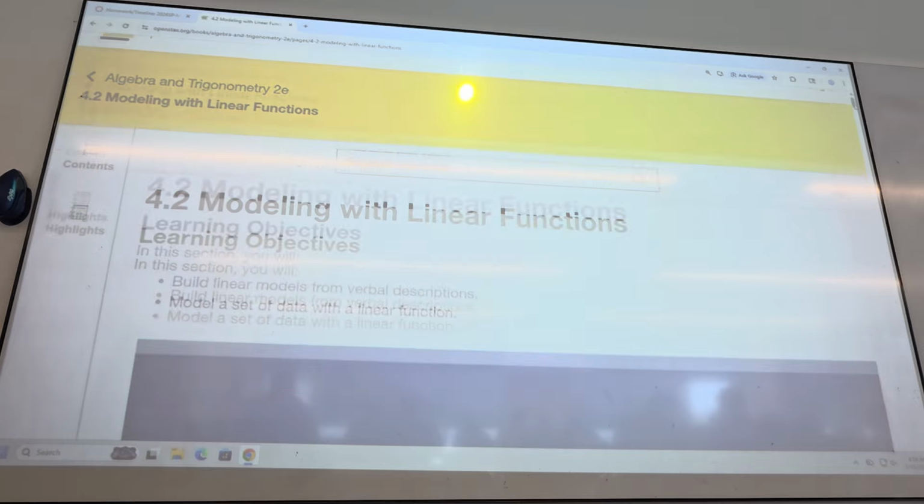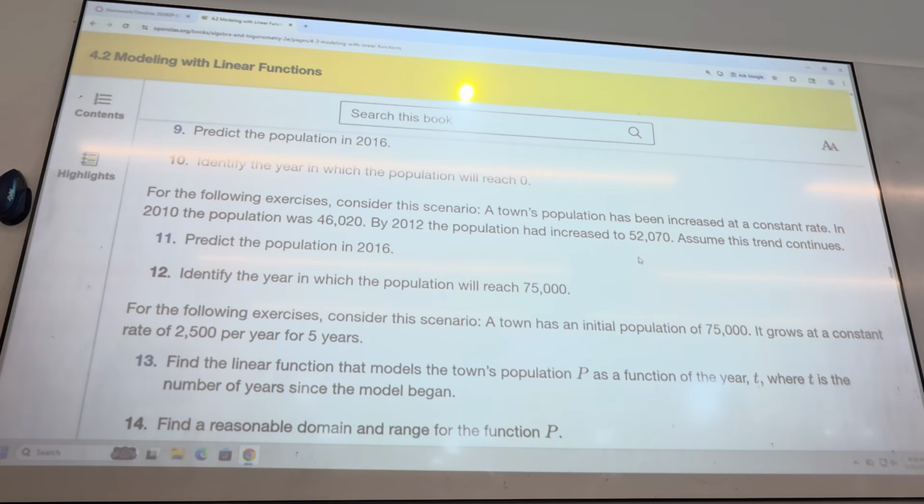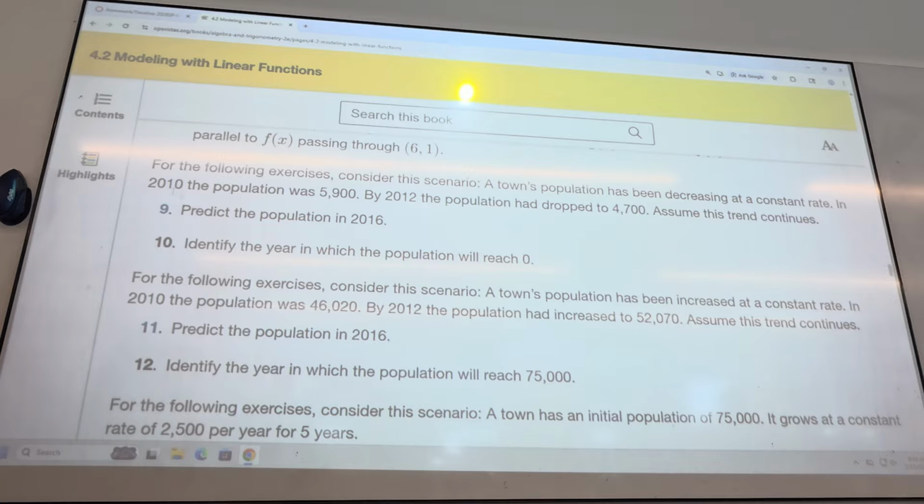The problem we just did gave us 2 points, and then we found the equation. Could everyone look at this problem here? Number 9 and 10. Read through this.